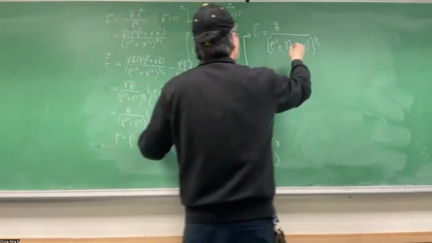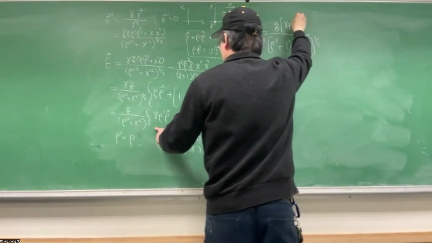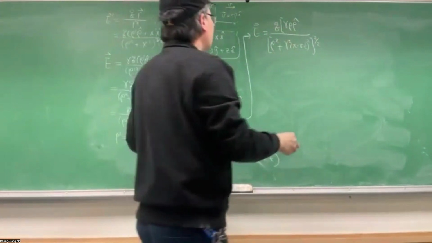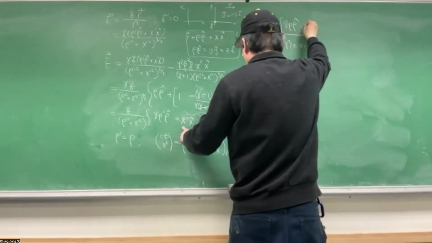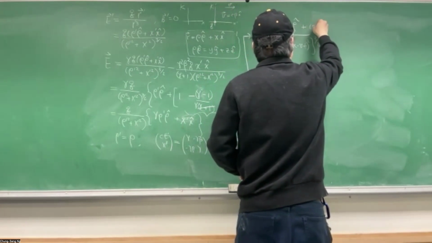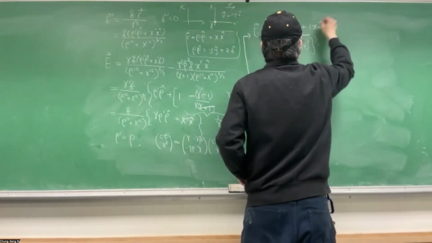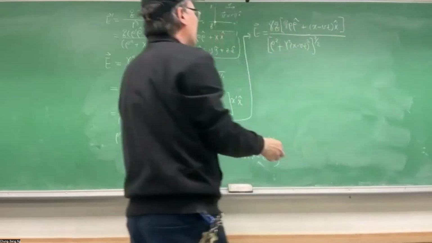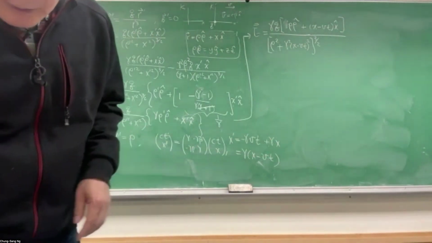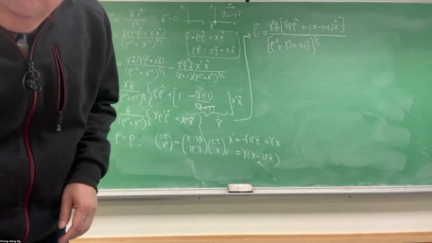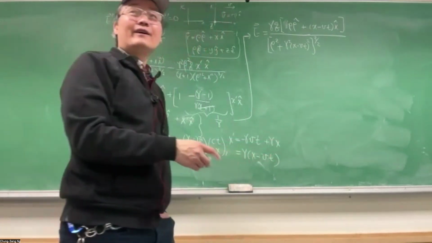And the numerator is gamma rho plus gamma, and actually both have gamma, plus x minus vt in the x direction. Okay, I guess that's it. That's the end.